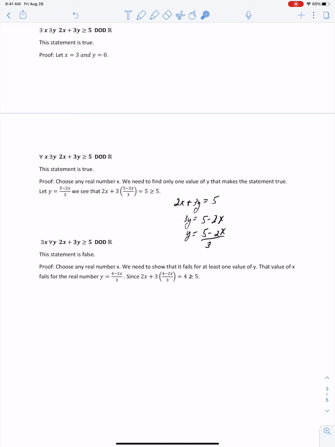Okay, now how can I write a rigorous argument to show that this is false? Well, I say pick any x you want, choose any real number x. I need to show that that x cannot possibly work for every value of y. So the way I could show that is I have to show you that it fails for at least one value of y.